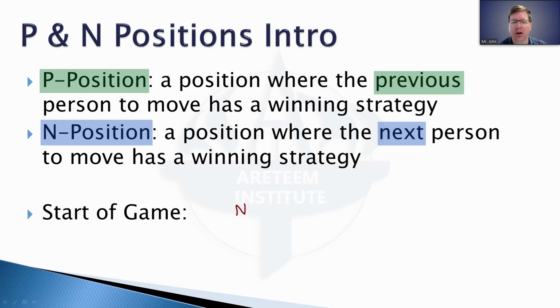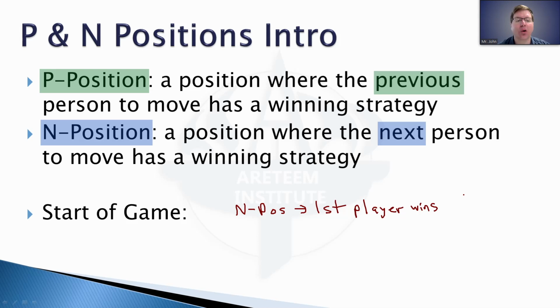If you start in an N position, then the first player wins. And let me just say, wins here is a shorthand for the first player has a winning strategy. No matter what the other person does, the first player can always combat it and wins.